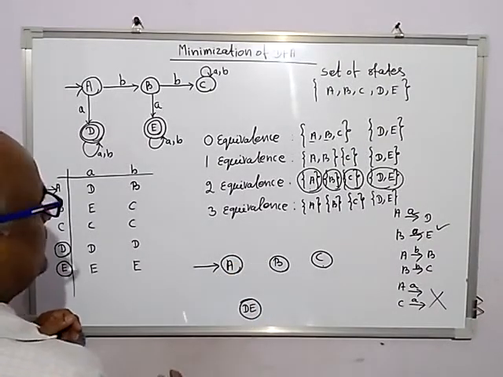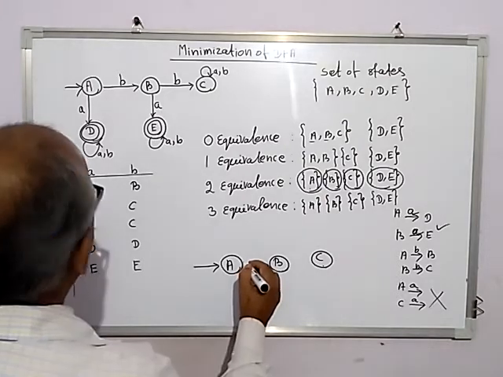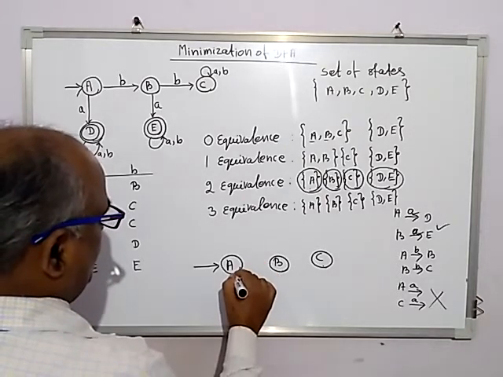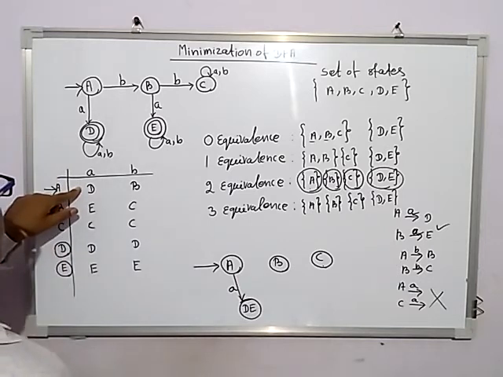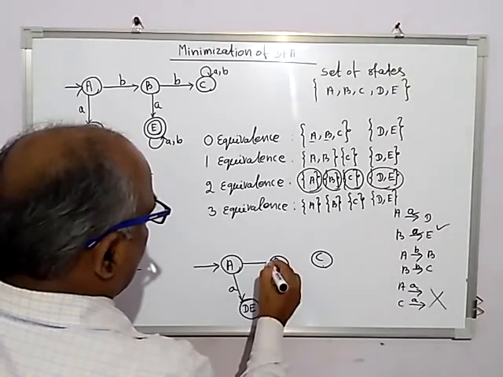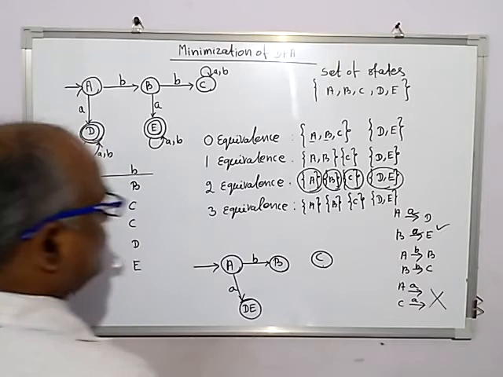Now you see the inputs. This is state A. For input A, it will go to D, E. For input B, it will go to B. Two transitions over.